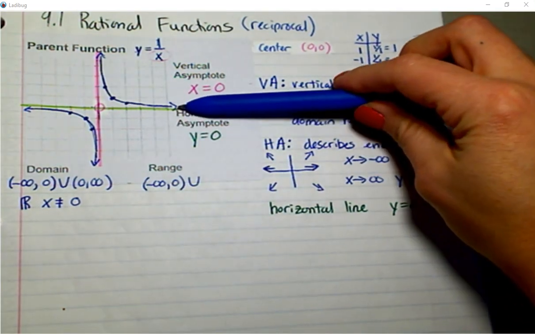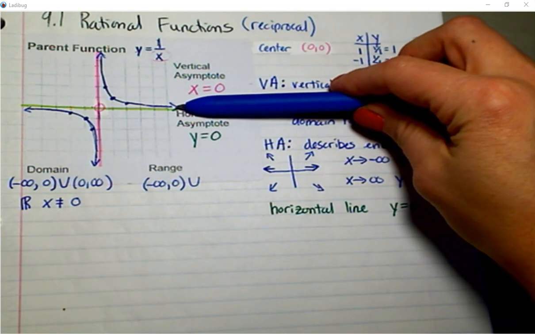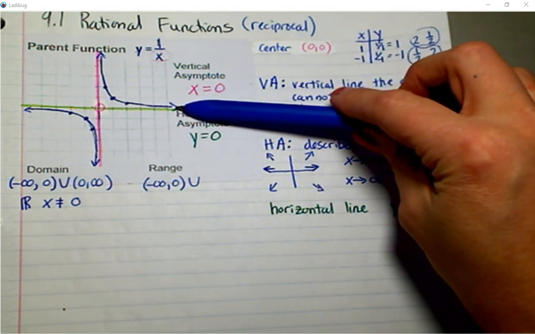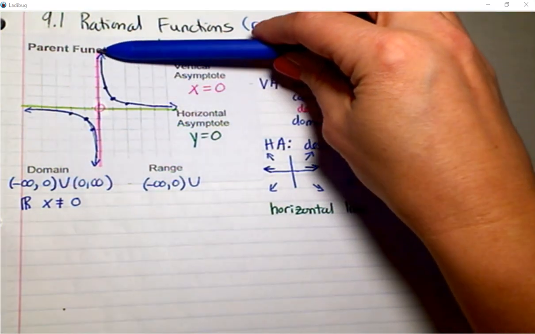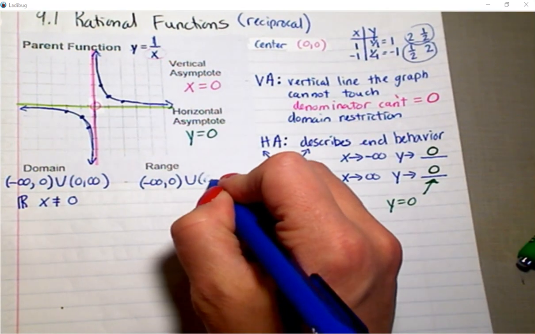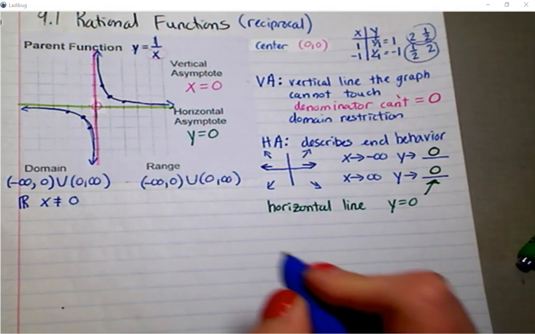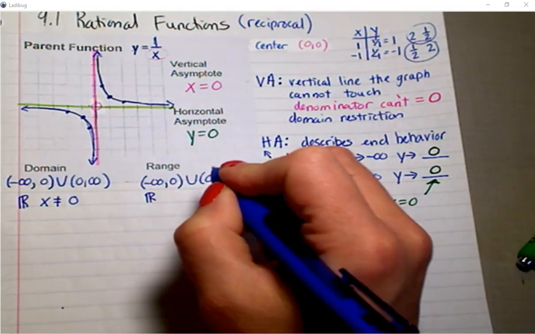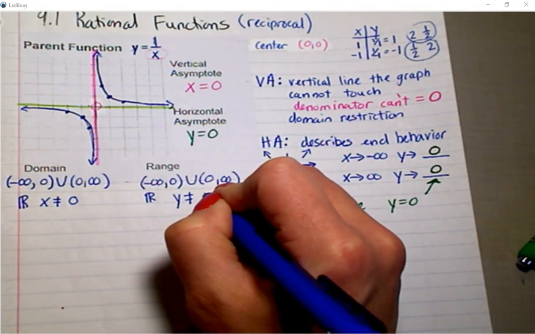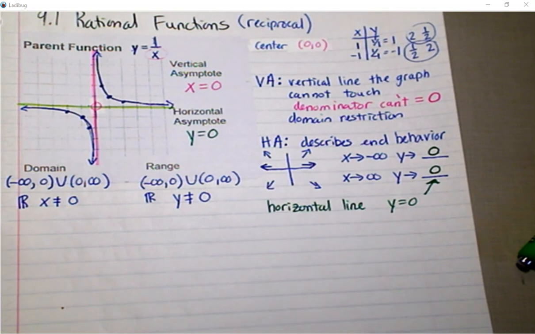And then I go over here, just above 0. Notice, not quite 0, but just above it. And it goes up to positive infinity. Similarly, we can write this as all real numbers, but be careful, we're talking about range. We're going to say y can't equal 0.